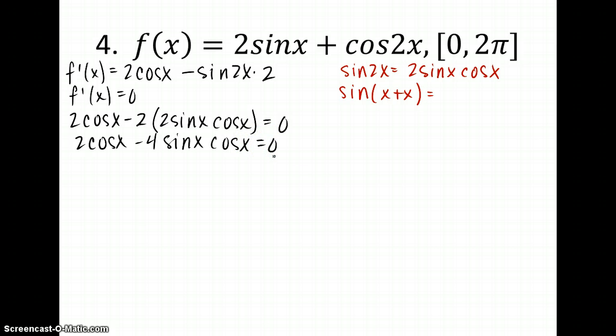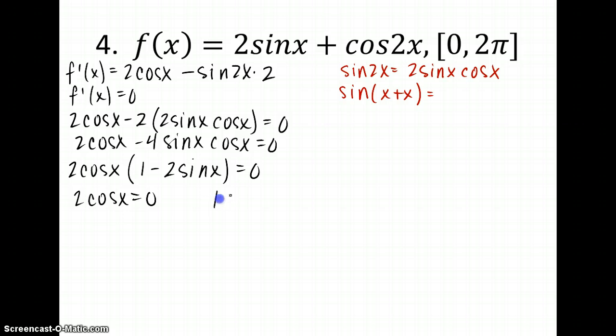Okay, now what do both terms have in common? A 2 cosine x. Dividing that out of each term, we'd be left with 1 minus 2 sine x. Setting each factor equal to 0, cosine is equal to 0 when x equals pi over 2 or 3 pi over 2.